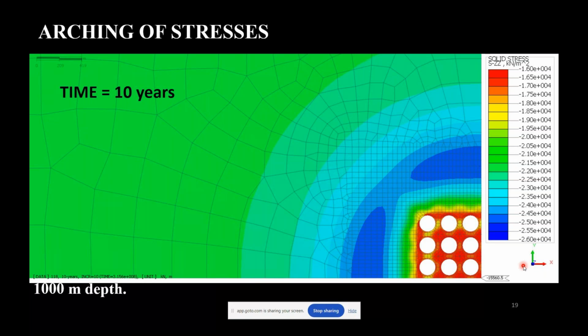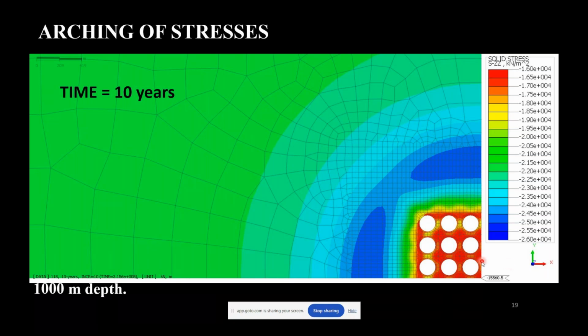This is the effect of the arching of stresses, right? The stresses basically alleviate the differential stresses acting on the pillars between the caverns. This is not quite obvious, right? But this mechanics makes a lot of sense.